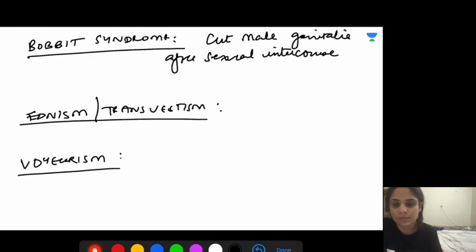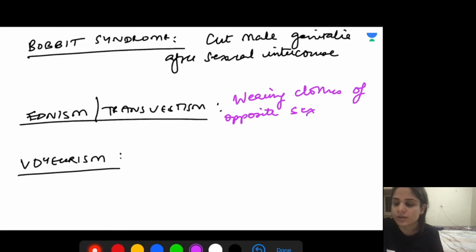What is eonism or transvestism? Eonism or transvestism is nothing but wearing clothes of the opposite sex. You must have seen females wear clothes looking like a man, men wear clothes looking like a female. If you are wearing clothes of the opposite sex, this is called eonism or transvestism.